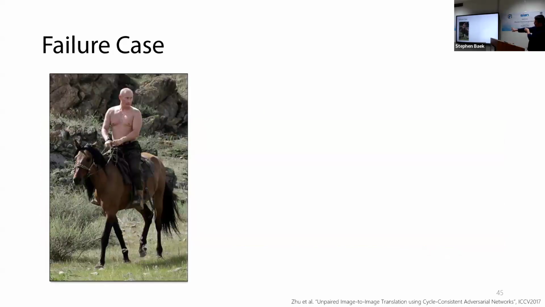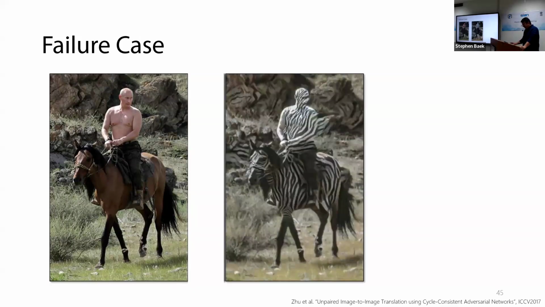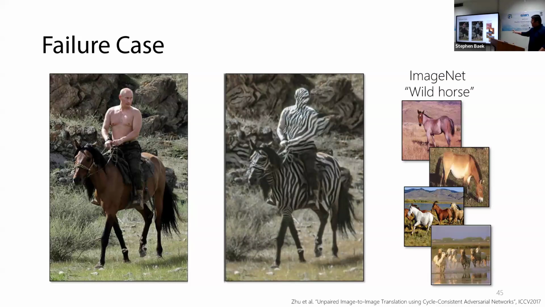Of course, here's actually a funny failure case of the cycle GAN algorithm. We have a guy sitting on a horse, and if you apply cycle GAN, this is kind of what you get. The reason is that in this particular model, the ImageNet database was used.